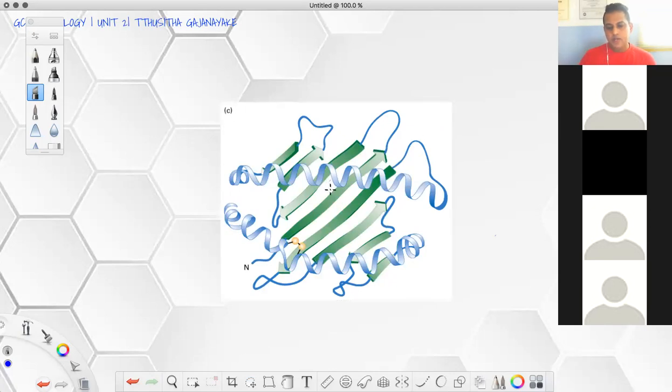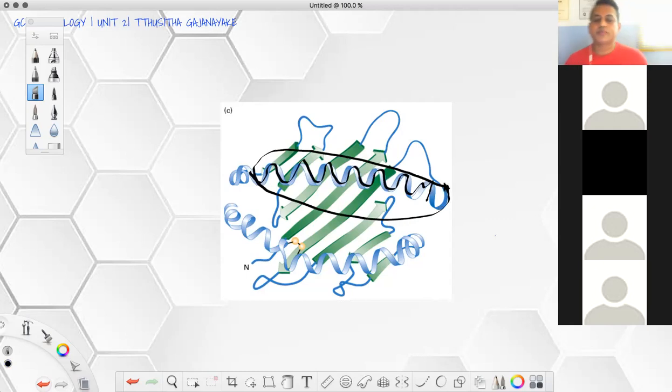If we look at these protein molecules, when we identify this helix, this part represents secondary structure. So within a protein molecule, when we find a special shape like this, we call it secondary structure of the proteins.